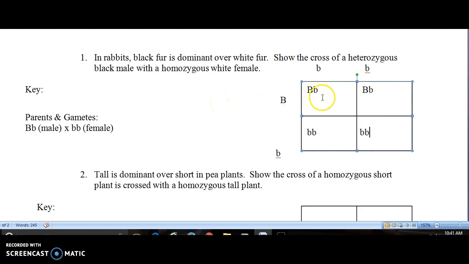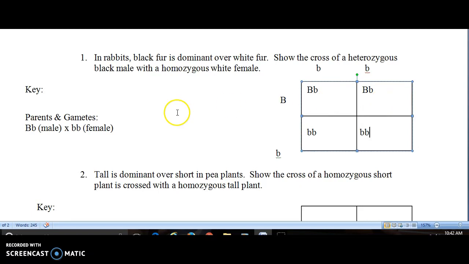Now on these codes, we have two lowercase b's and two that have a capital letter and lowercase letter. So each square represents 25% chance of having the trait. So for these parents and having these codes, we would have 25% chance of having capital B lowercase b, another 25% chance of capital B lowercase b.